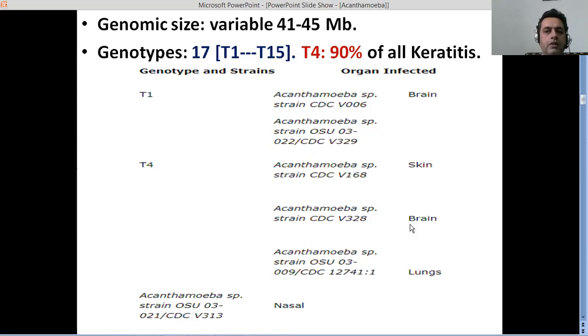It can infect the skin and cause ulceration. It can infect the brain and cause inflammation. Also, it can cause inflammation of the lungs. So different genotypes have different preferences for tissues, and some of them can affect many different tissues at the same time.